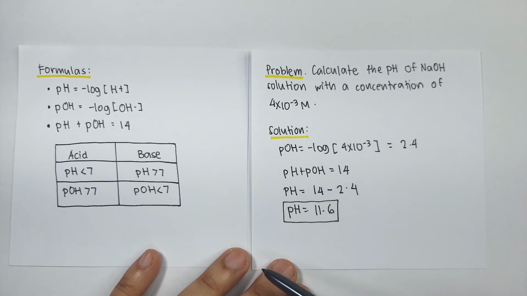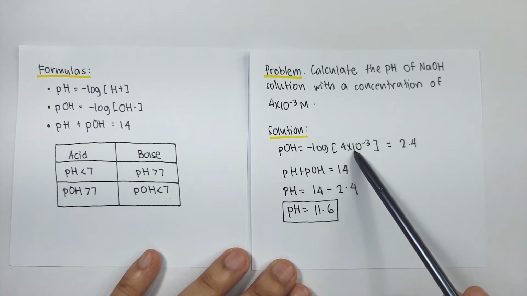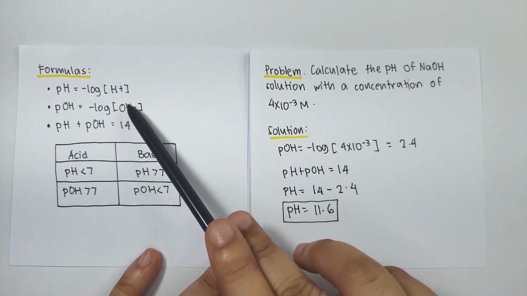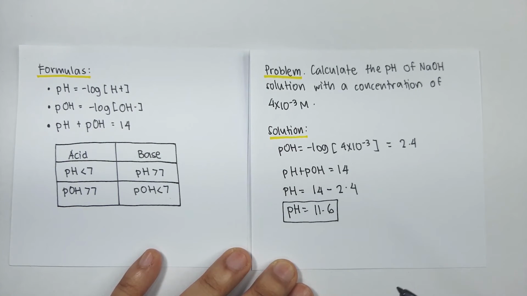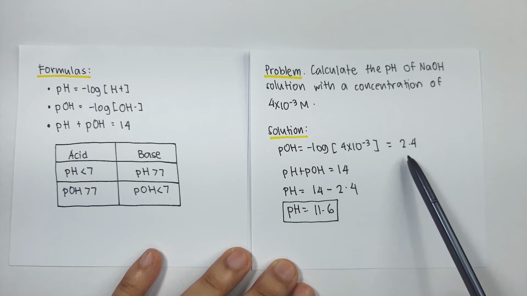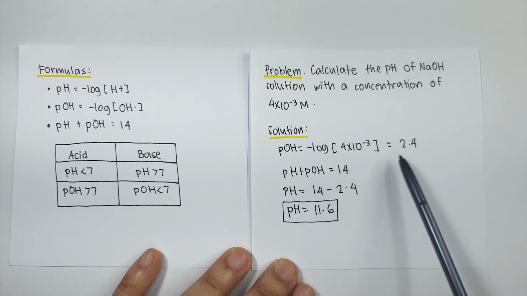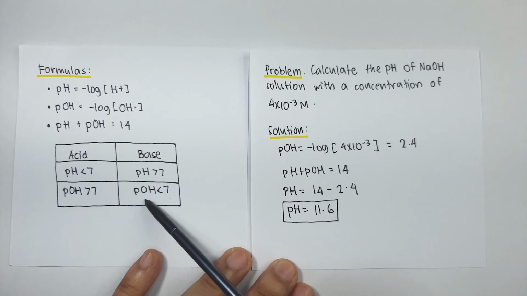So yung 4 times 10 raised to negative 3 molar na concentration class, ay yan yung concentration ni OH-. Okay? So, solving for that, we get pOH is equal to 2.4. So, again, remember class, diba? Kapag base ka, yung pOH value mo ay less than 7. So, tama to kasi 2.4 is less than 7.